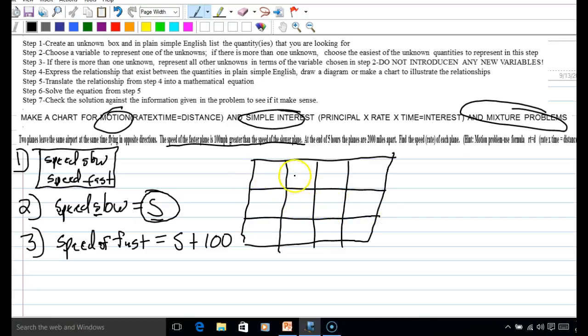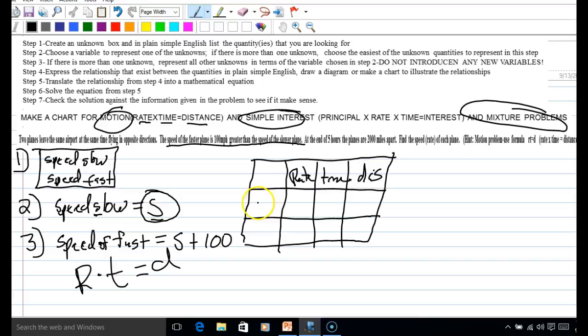I'm going to need a column that represents each one of these quantities in my formula. In a motion problem, the rate times the time is equal to the distance. So I'm going to have a column for rate, a column for time, and a column for distance.